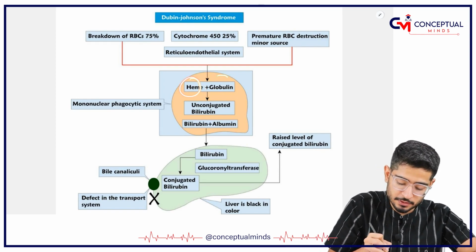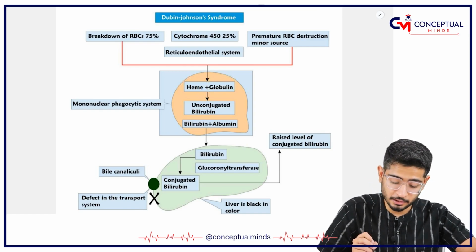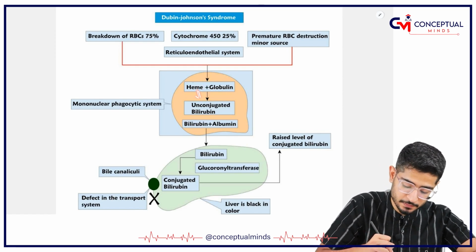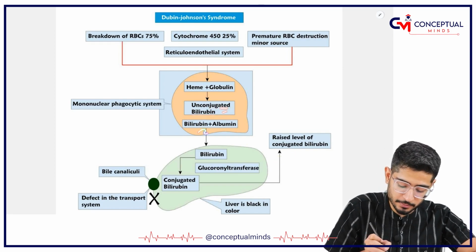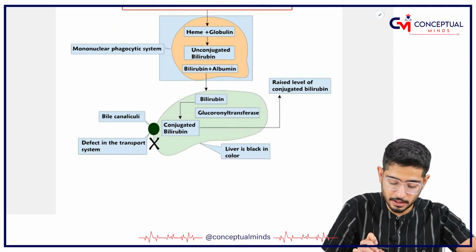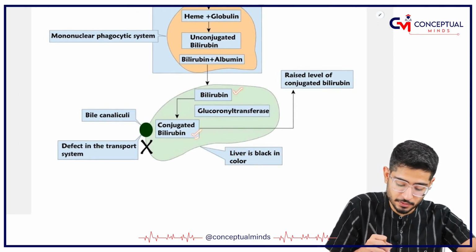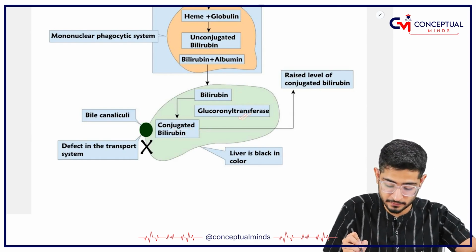This heme in particular is responsible for getting converted into bilirubin. Now this unconjugated bilirubin is going to combine with albumin and go to the liver. In the liver, this bilirubin is converted into conjugated bilirubin with the help of glucuronide transferase.